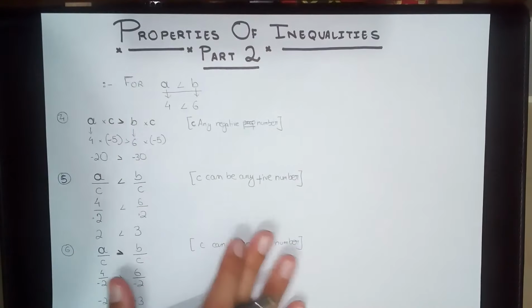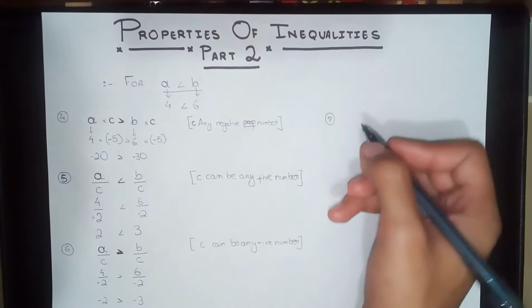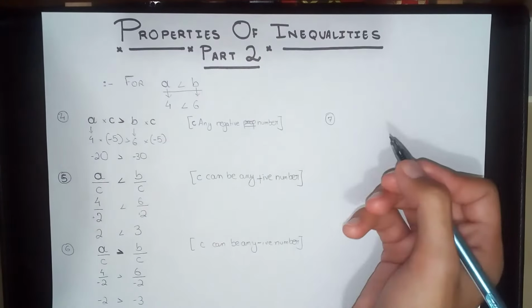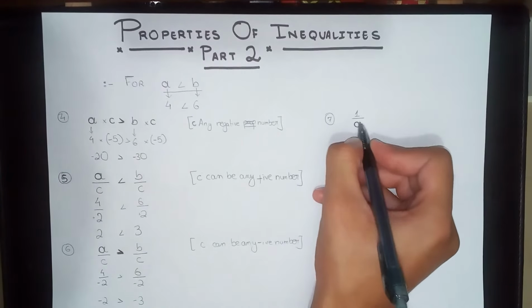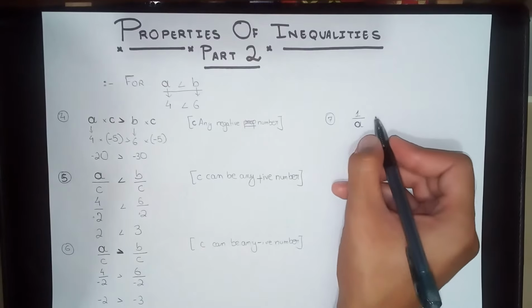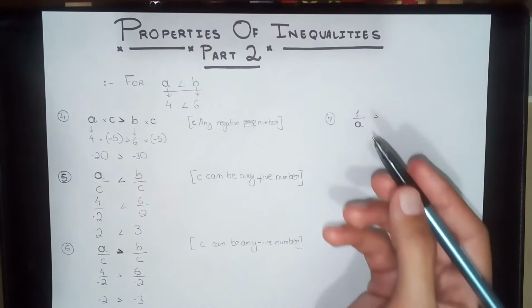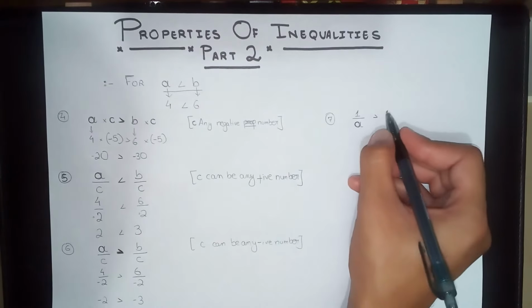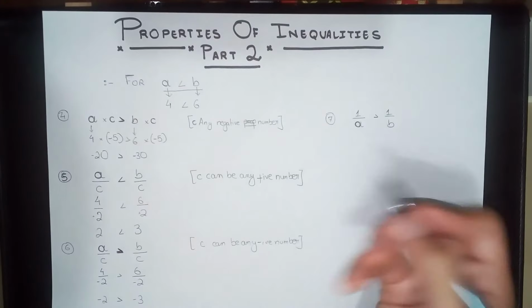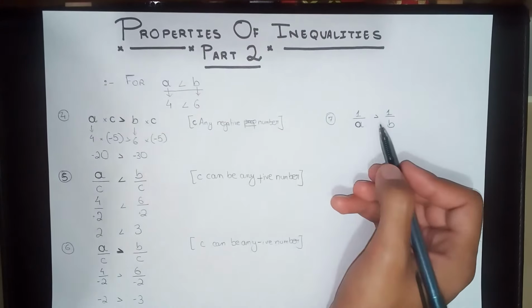Okay, next we're going to be discussing the last property. What exactly is the last property? The last property says that if you have the same numbers A and B, and you take their reciprocals, sending them into the denominator, the sign changes.